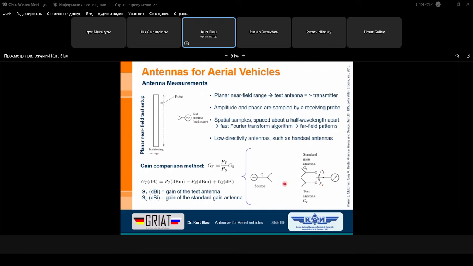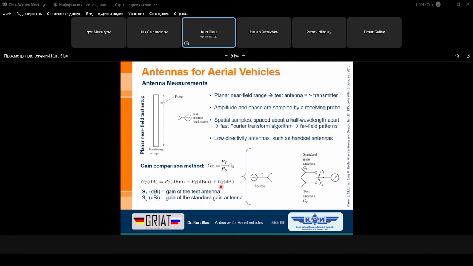And now to determine the gain of our antenna under test, we can apply this formula. That means the measured power of the test antenna minus the power of our reference antenna or our standard gain antenna alone cannot give us the correct result. It's clear because we have to consider the gain of the standard antenna. As I mentioned, we can use, for instance, a resonant dipole.